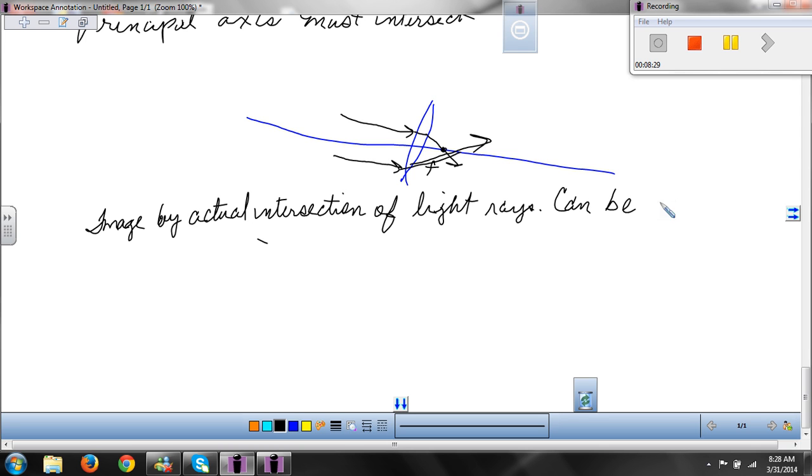We saw that in lab. It's always going to be inverted. And what else do I want to say? Oh, it's on the opposite side of the lens.